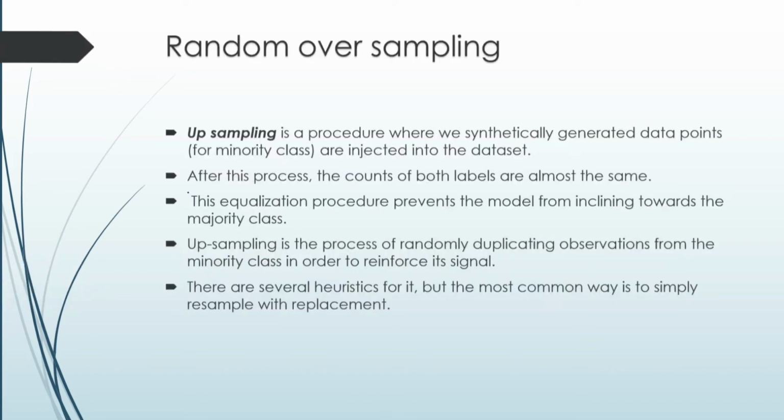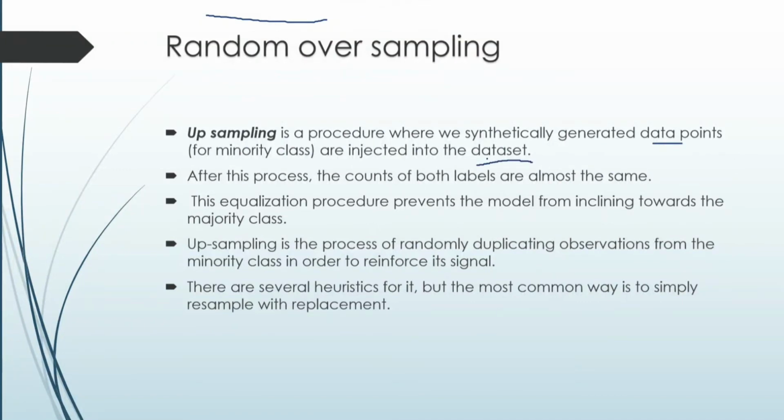Random oversampling is a procedure where we generate data points. The class which has very few points is the minority class. We will generate synthetic data points for the minority class, and we will inject those synthetically generated data points into our data set.